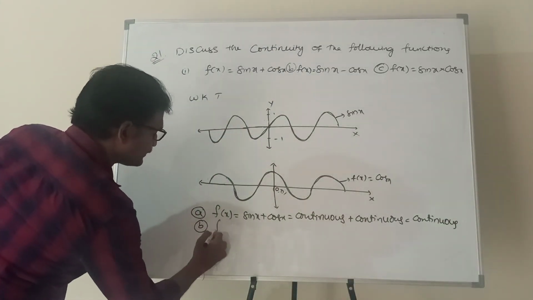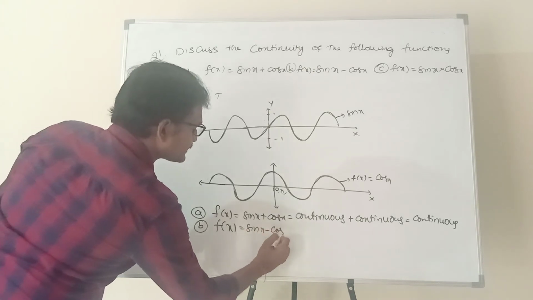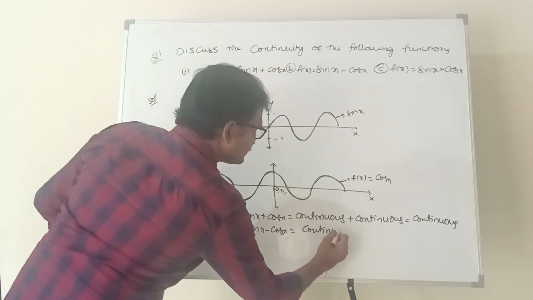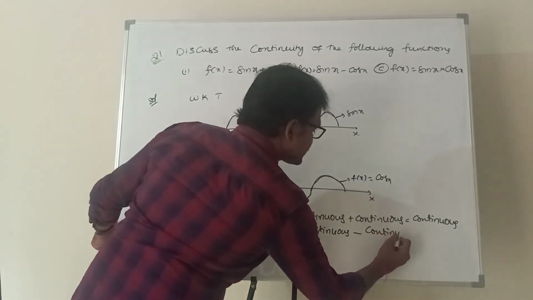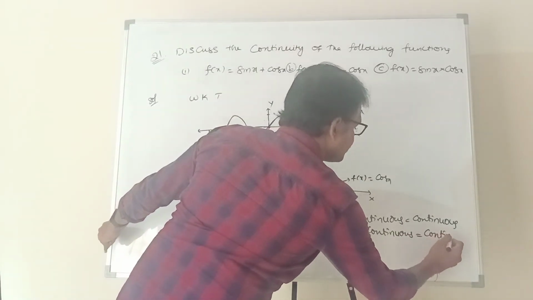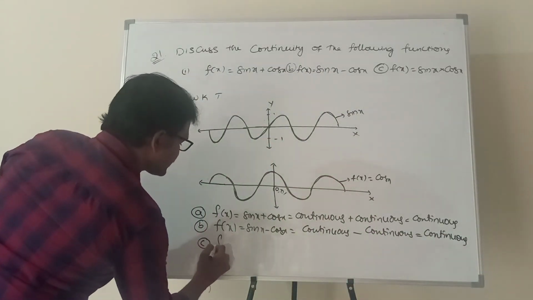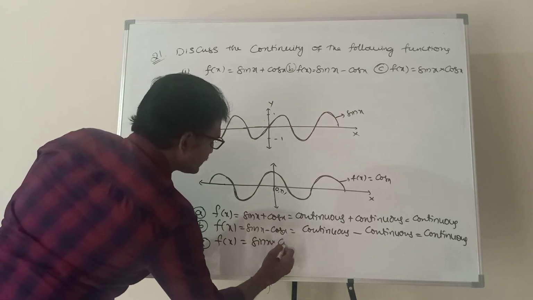Similarly, f of x equal to sin x minus cos x. Sin x is continuous. Similarly, cos x is also continuous. Then continuous minus continuous gives continuous function. Last one, f of x equal to sin x into cos x.